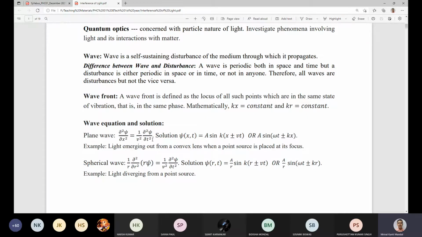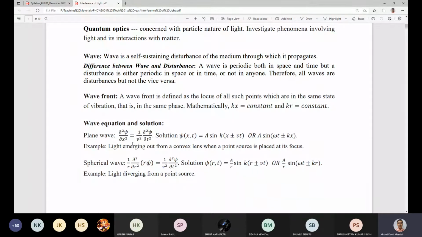And this wave equation can be solved by different techniques in your mathematics. You have already learned or you will learn later on to solve the wave equation. One such simple technique is the separation of variables.